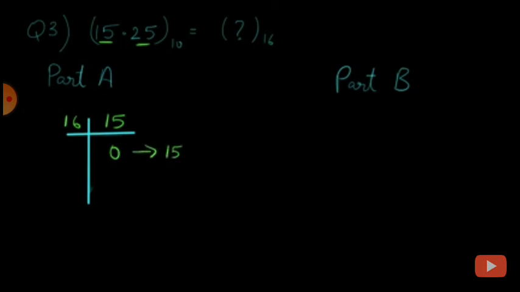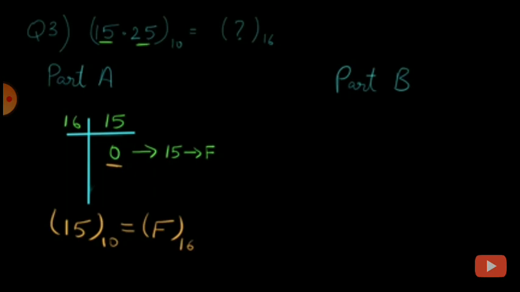Now according to the table which had the conversion of decimal to hexadecimal values, 15 is represented as F. Since we've also reached our answer, as we got 0 in the quotient value, we stop this process, and 15 in decimal is equal to F in hexadecimal system. So this is the answer for part A.